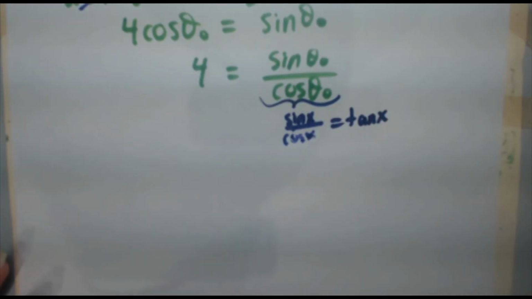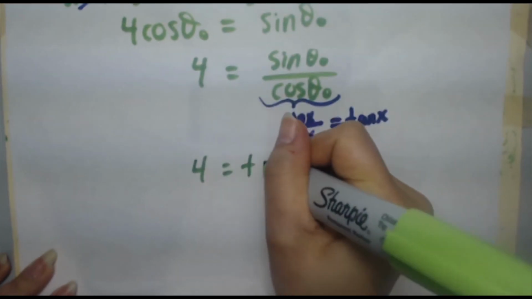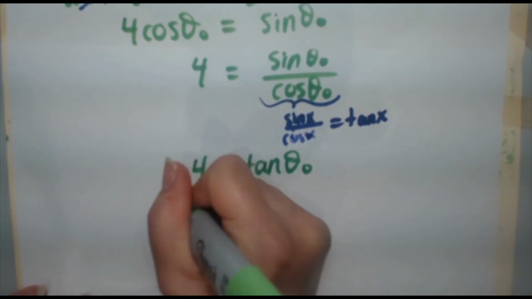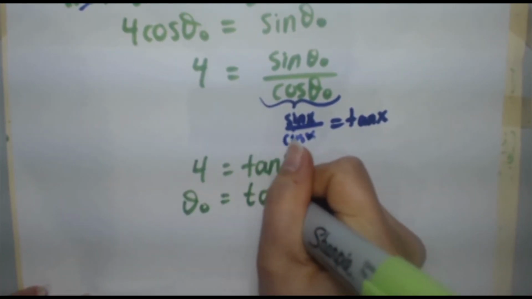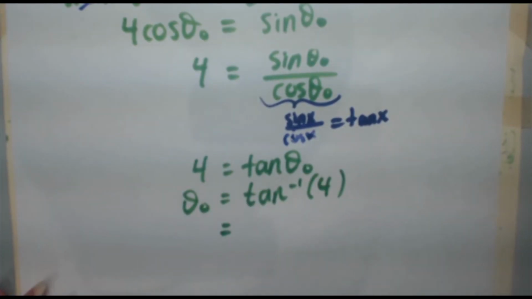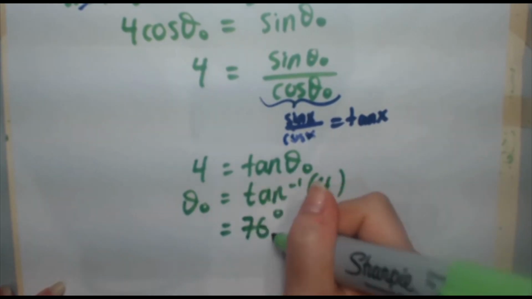So sine theta naught over cos theta naught is equal to tan theta naught. So 4 is equal to tan theta naught. Take the inverse tangent of both sides and you're going to get theta is equal to inverse tangent of 4, which is 76 degrees.